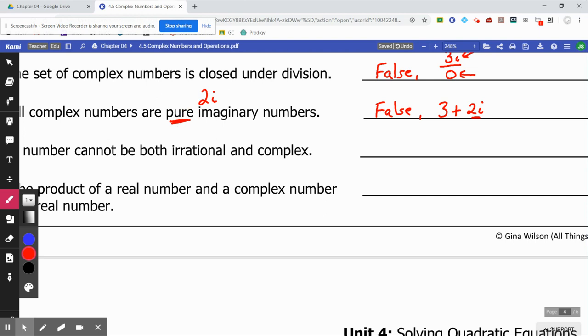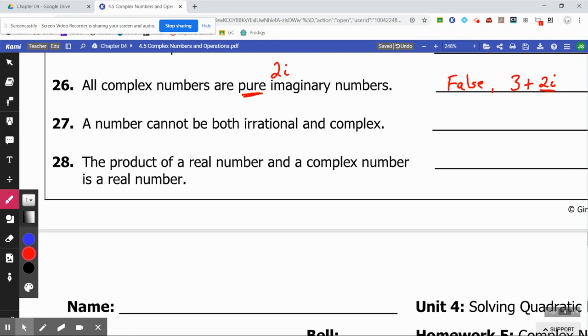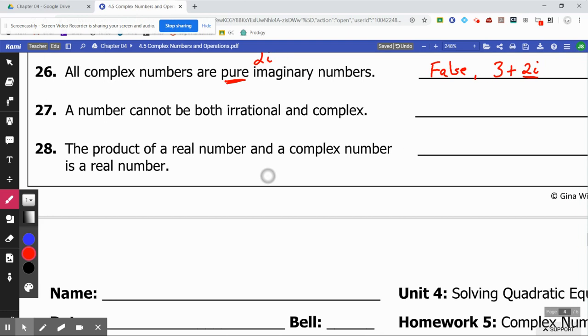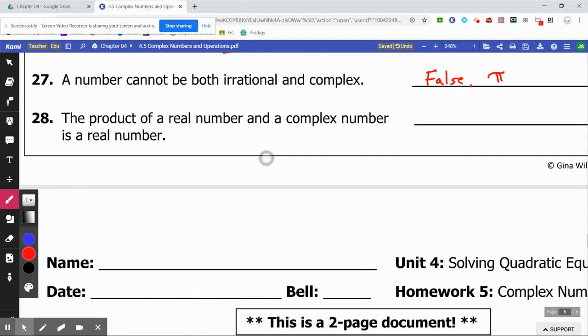Again, the word pure means without blemish or without flaw. Well, this is not pure imaginary. It has that other part to it. Number 27, a number cannot be both irrational and complex. Well, all numbers are complex, and that would be false because the number pi is irrational, but it's also a complex number because every number is complex.